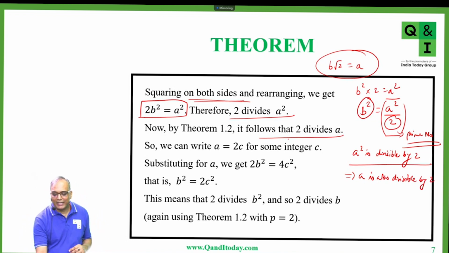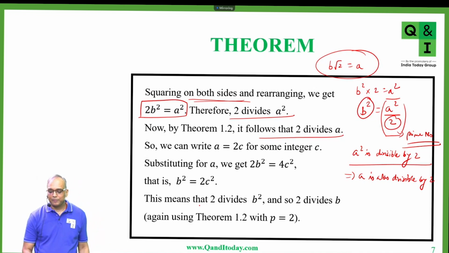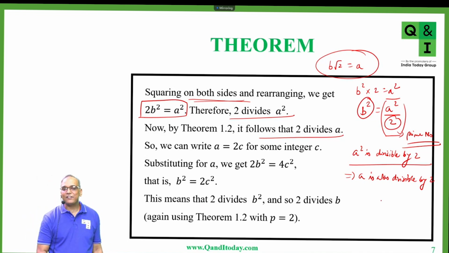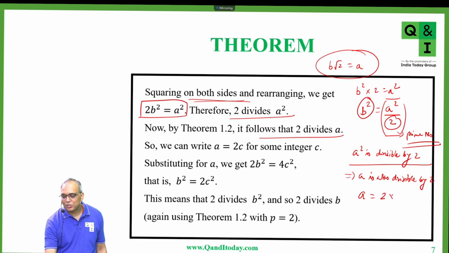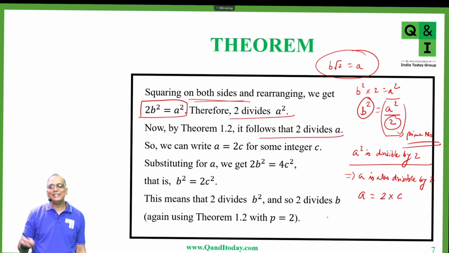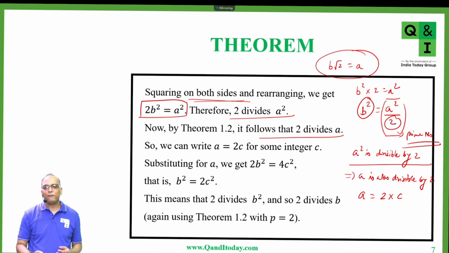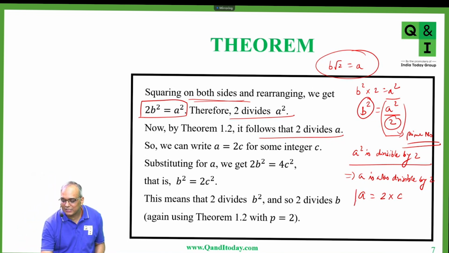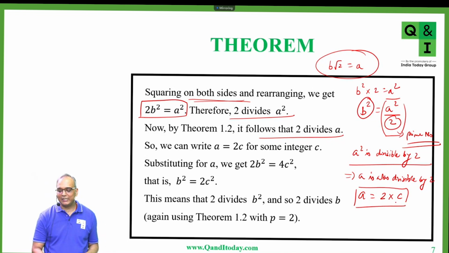Now, since a is divisible by 2, that means a can be written as 2 into some other integer, because 2 will be a factor of a. So a can be written as a is equal to 2 into c.